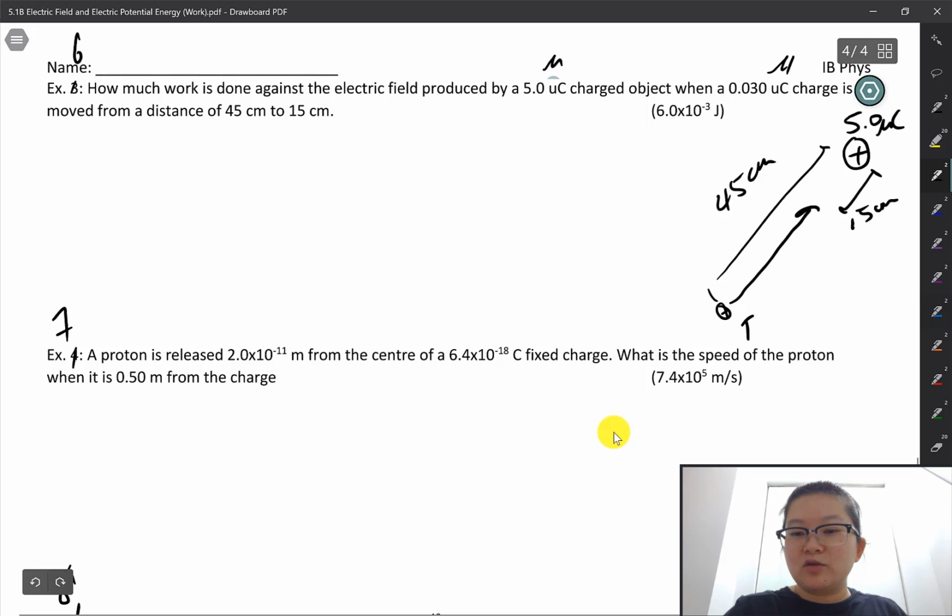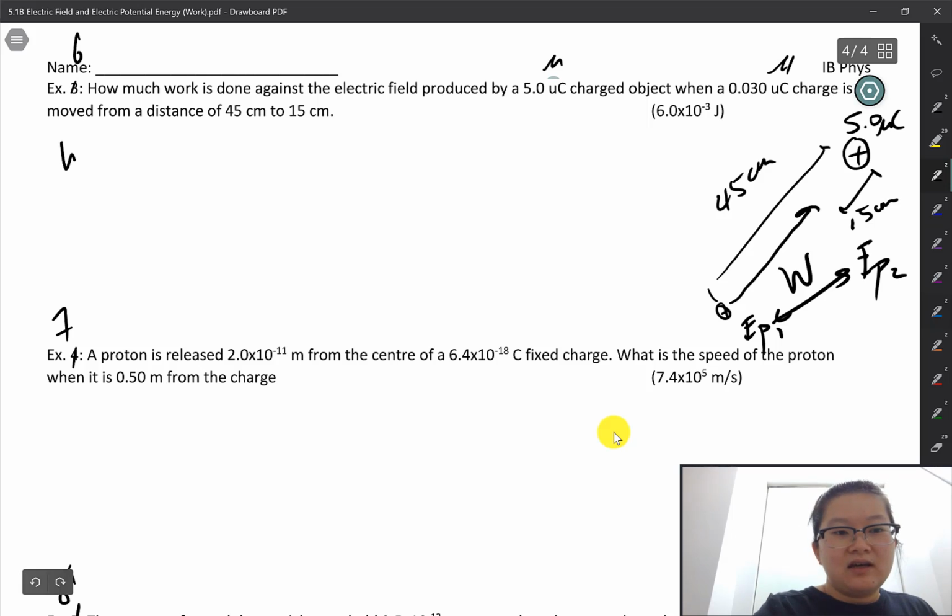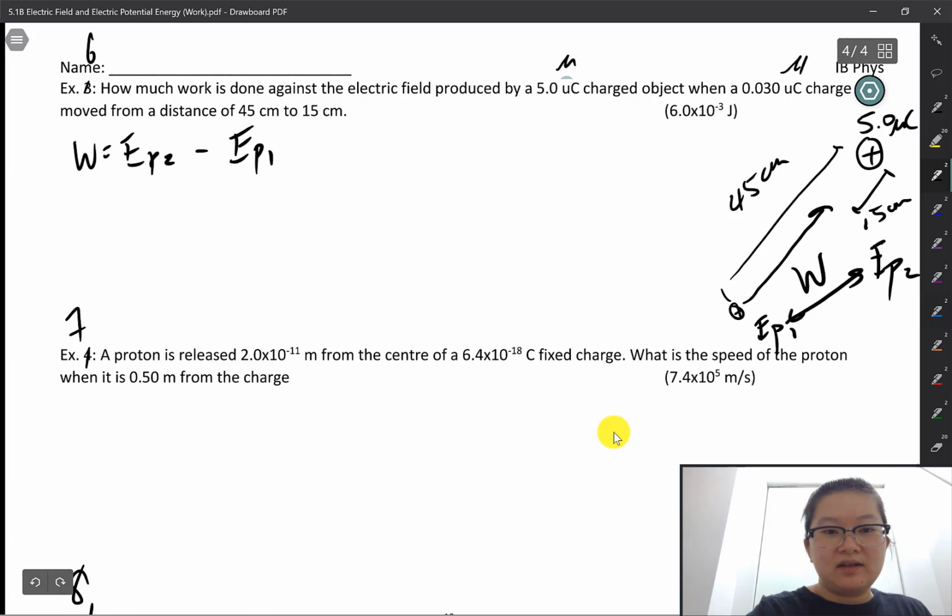So we're going to get the electric potential energy state at point 1, and at point 2, the difference is going to be the amount of work being done. And the electric potential at 2 is going to be higher because the distance is going to be closer. So I'm going to take EP2 minus the electric potential energy at 1. Okay, that's gross.